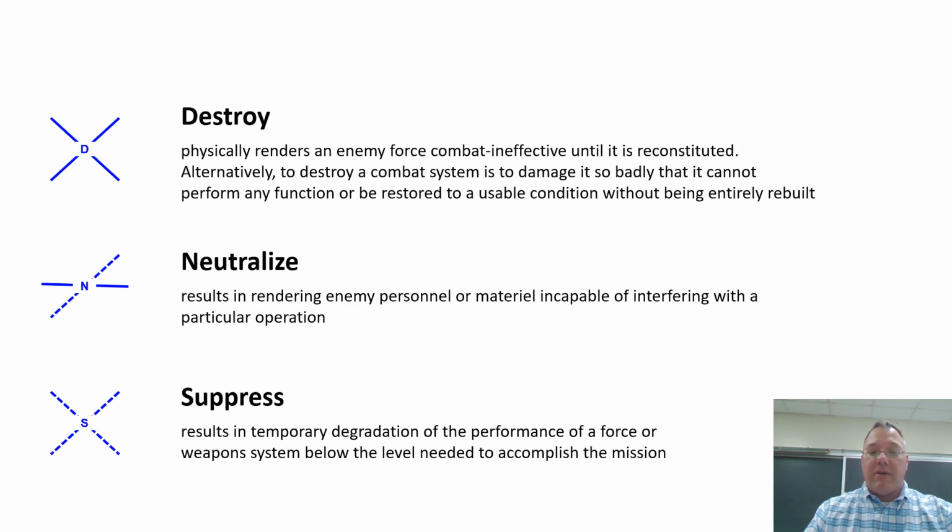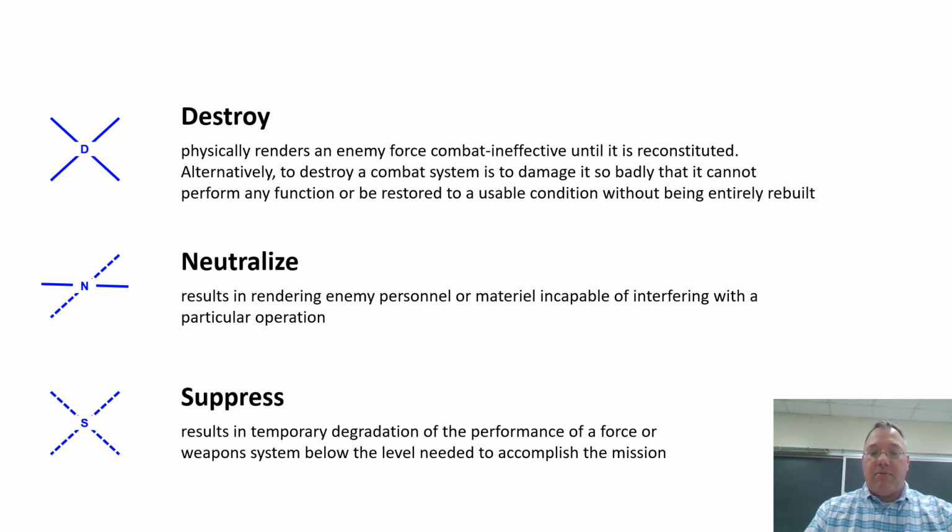Now we talk about destroy, neutralize, and suppress. When we destroy the enemy, we completely physically get rid of them to the point that they would have to completely rebuild that unit in order to have any kind of functionality back. When we neutralize an enemy, that means we want to make it so that they can't interfere with a friendly mission. So it's some way that we can stop them from interfering with what we want to do.